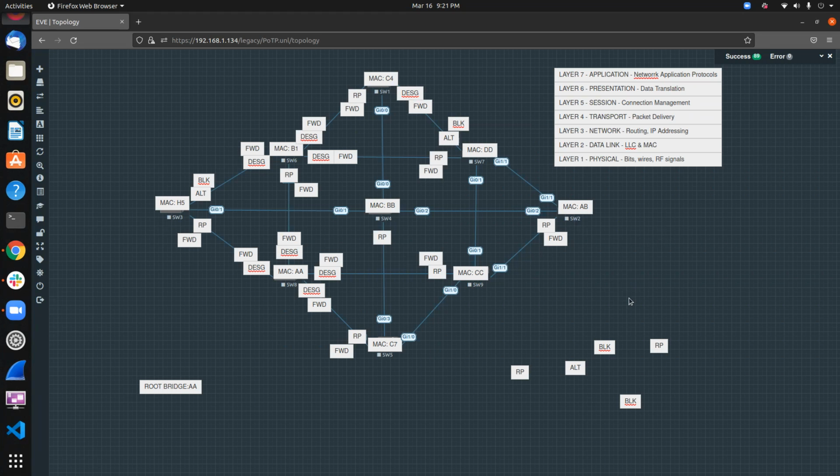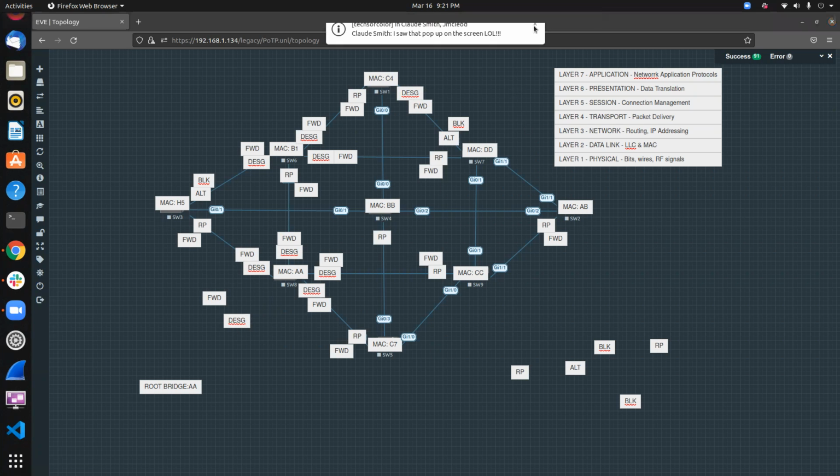Start with switch 9, interface 1, forwarding. Designated forwarding. Why? Because it's connected to the root port, so by default you know that we have to have traffic flowing through it. Is anything by default in networking? Nothing's by default. Good.